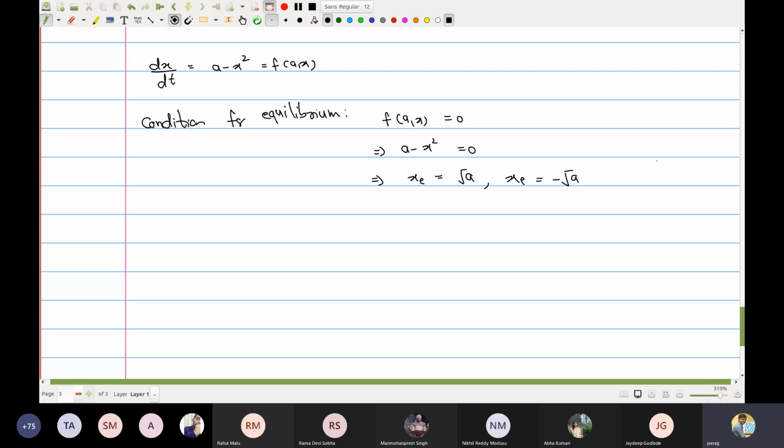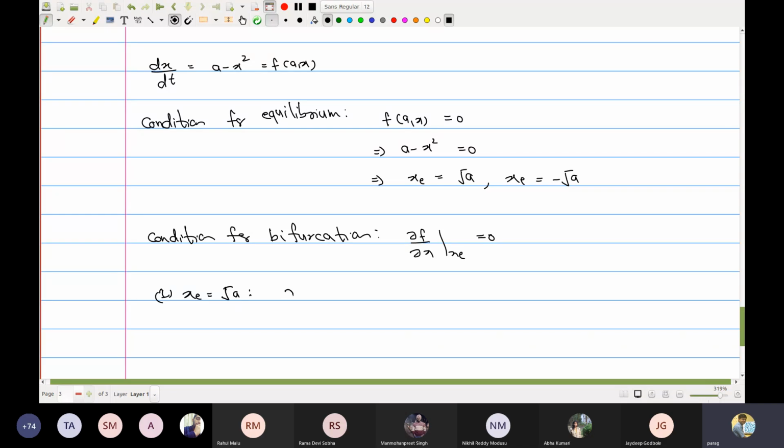Only two solutions, right? Now the condition for bifurcation: del f by del x at xe should be equal to 0. So first, xe equal to root a.